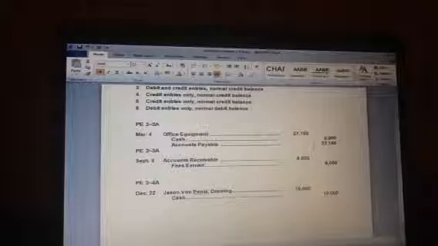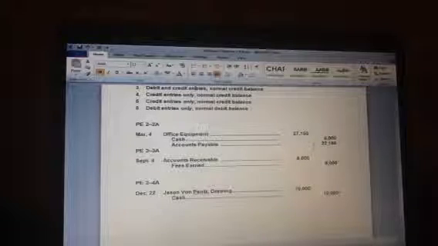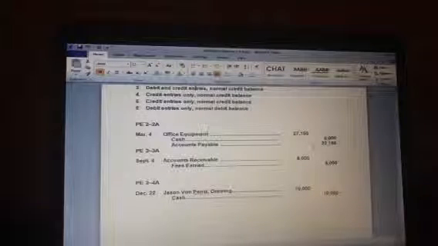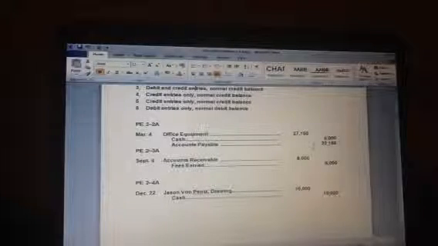The remainder of the purchase price was on account, so the other $22,150 we still owe for, and that's a liability. The specific account you would use is accounts payable, and you're increasing it with a credit balance. So your journal entry would be to debit office equipment $27,150, credit cash $5,000, and credit accounts payable $22,150.